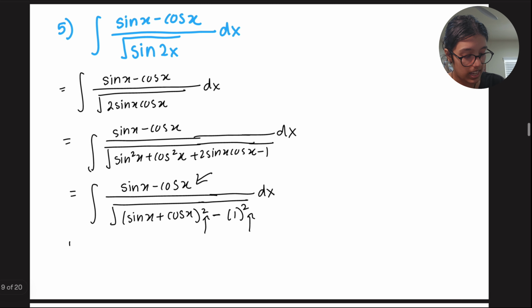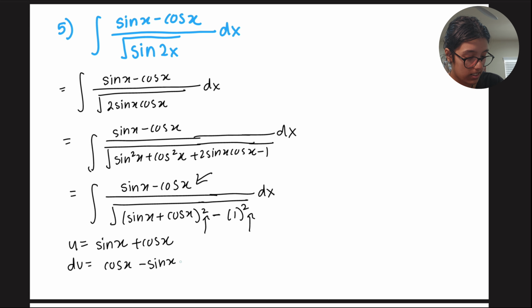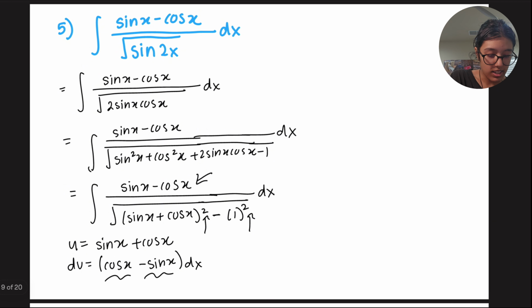I am going to set u equal to sine x plus cos x so that we could substitute that for u. And du will be equal to (cos x minus sine x) dx, and I see something really similar. This is cos x minus sine x, and this is sine x minus cos x.